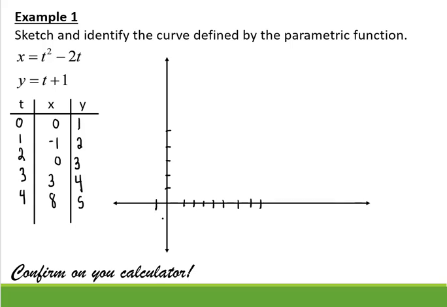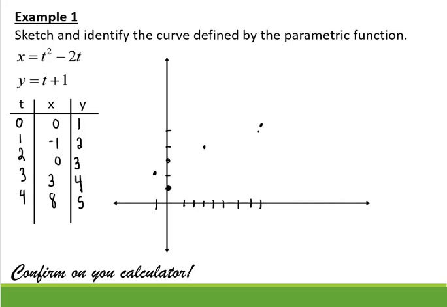Okay, so I have the point (0, 1), which is kind of my initial point. Then I have (-1, 2), then (0, 3), then (3, 4), and an (8, 5).